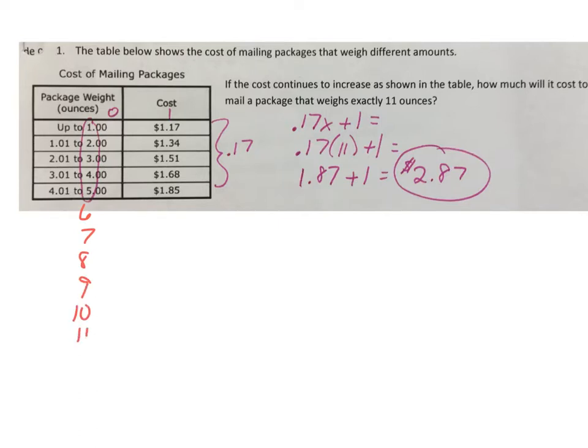Now, what you need to study also is the fact that these are only increasing by 17 cents. So, algebraically, you're increasing 17 cents for every ounce, and you're starting at that $1, because this right here at 1 ounce is $1.17, and after that they're increasing by 17 cents.